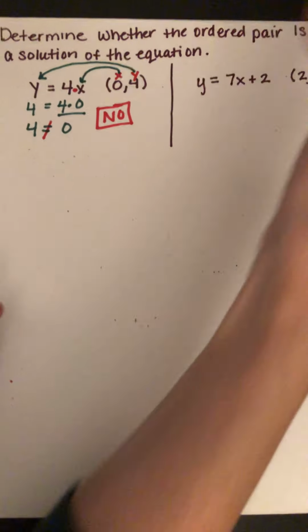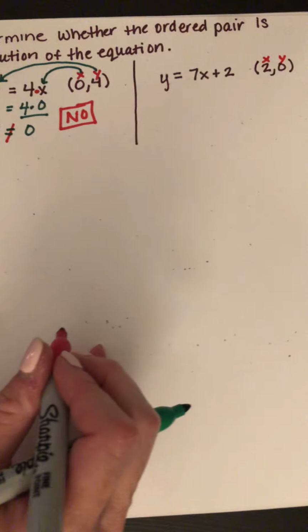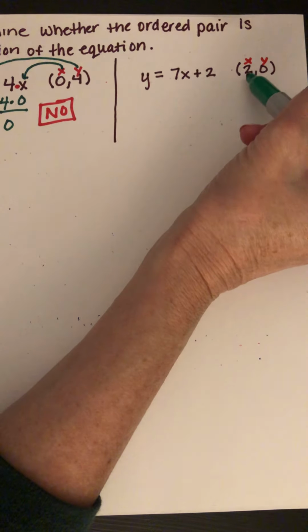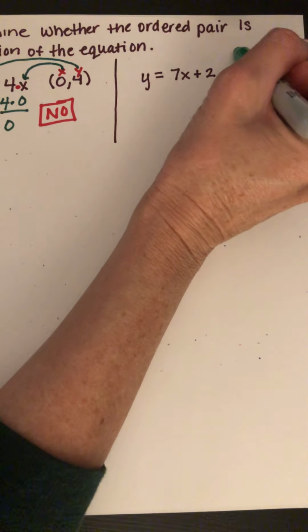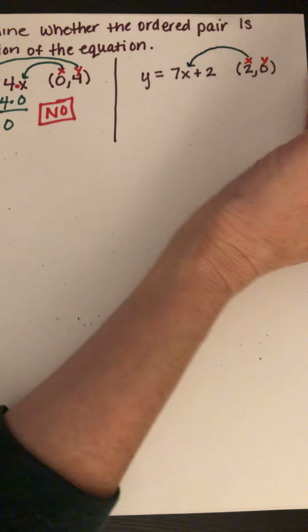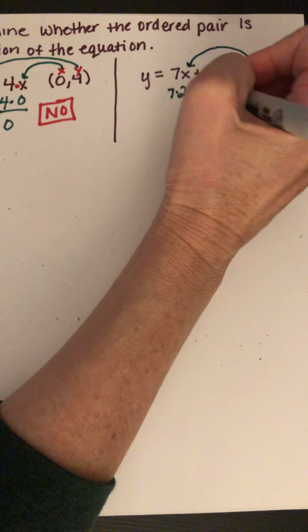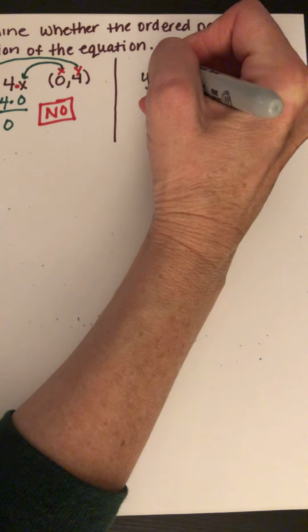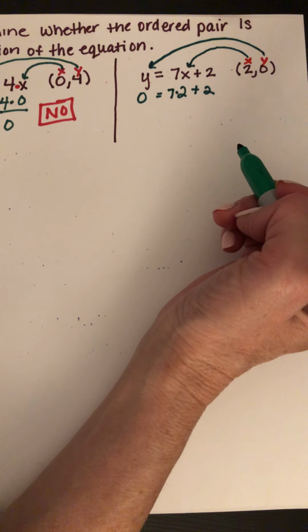Remember, we have x and y. Our 2 is our x and our 0 is our y. You're just going to plug these values in. So for x, I have 2, so it's 7 times 2 plus 2. And now I'm going to plug in 0 for my y. I'm just changing the values for the variables.